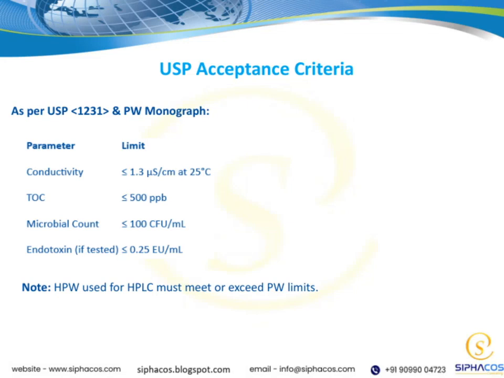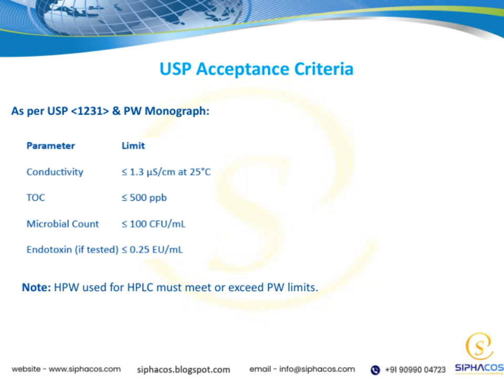Let's take a moment to review the USP acceptance criteria for HPLC. According to USP 1231 and the PW monograph, it's essential that the HPW used for HPLC must meet or even exceed the PW limits. This means that the HPLC method's performance material should align with or surpass the specifications set forth in these guidelines.